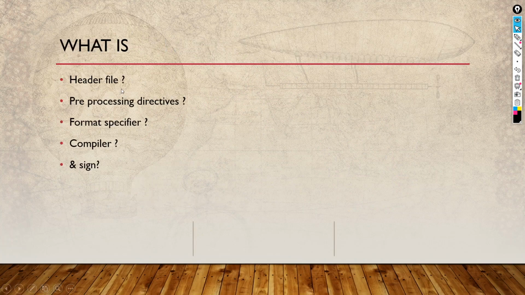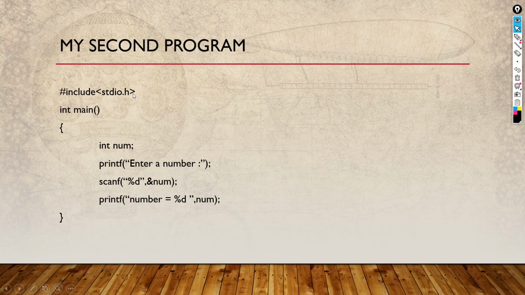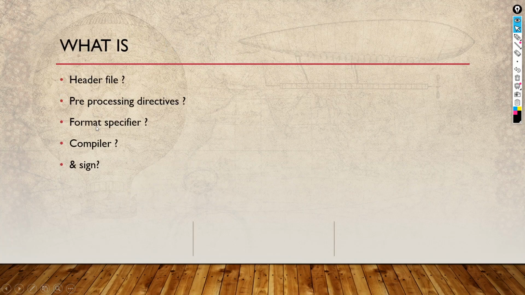Now we already know what a header file is. Preprocessing directive means these are called preprocessing directives, these are preprocessors. There are lots of hash define things which we'll get to know later. And what are format specifiers? I've already discussed.